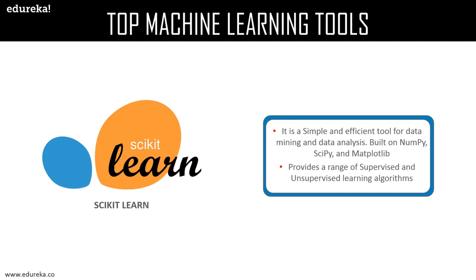It provides a range of supervised and unsupervised machine learning algorithms in Python like classification, regression, clustering, dimensionality reduction, and much more. So this is one of the basic building blocks of any machine learning project or application out there. So you need to know scikit-learn. This is one of the most important tools.